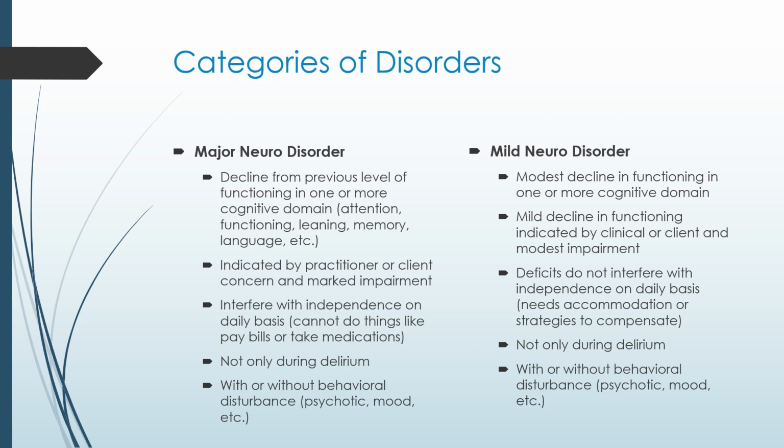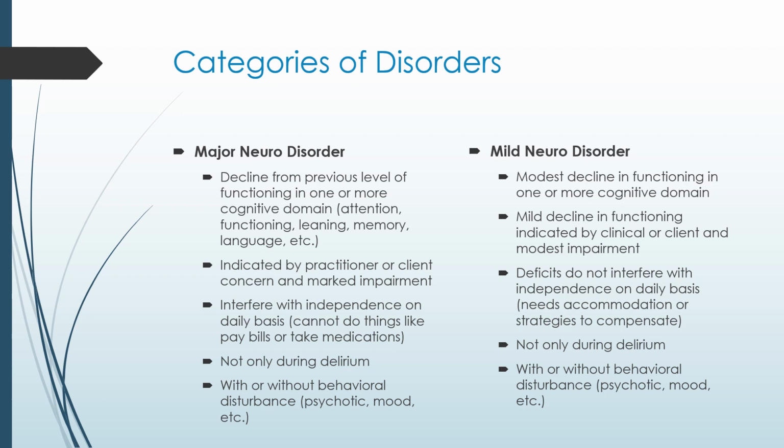So on the mild side of things, we're just noticing a modest decline in functioning in these domains. And so the mild decline in functioning, again, can be indicated by you as a clinician noticing things or the client bringing these things to you as concerns. But the major difference here is a mild neurocognitive disorder does not interfere with your ability to function on a daily basis.